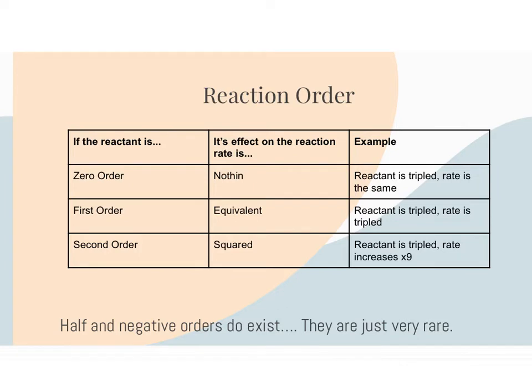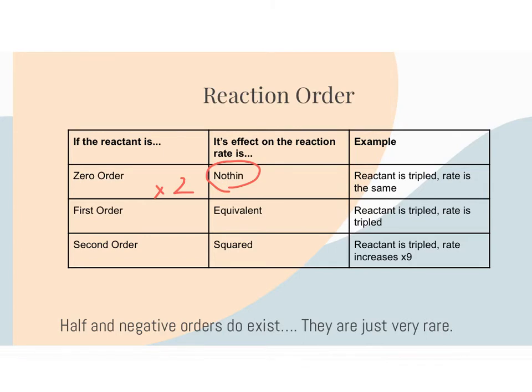If a reactant is 0 order and I double that reactant, nothing happens to my rate. I would put double of that thing in and the rate would just be the same. Here's an example: if we tripled it, the rate would stay the same as well. That's 0 order. We also have 1st order reactions.